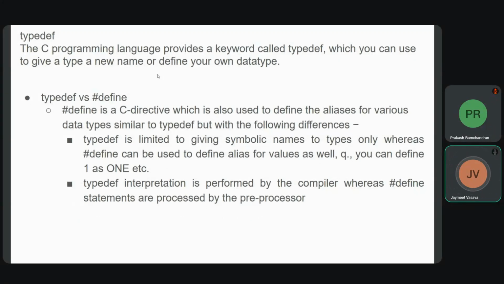Typedef is limited to giving symbolic names to types only, whereas #define can be used to define aliases for values as well, so you can use 1 as ONE, etc. Typedef interpretation is performed by the compiler, whereas #define statements are processed by the preprocessor.